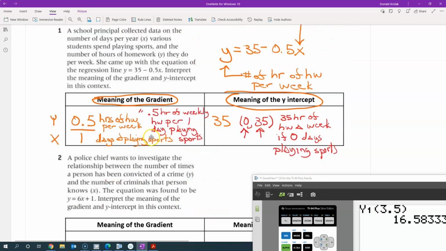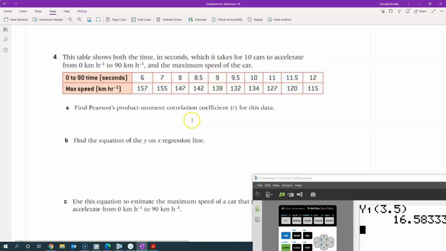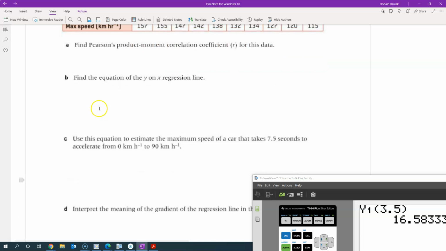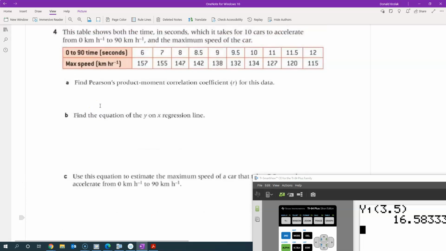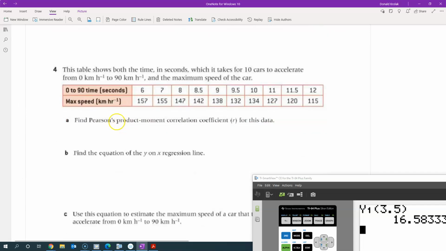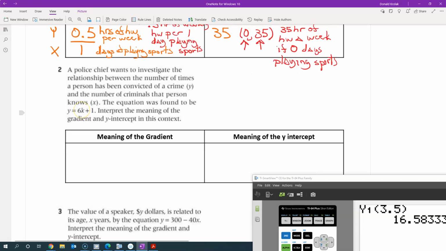So that's what you're doing on number 4 here. You're going to do number 4 just like the one we just did.